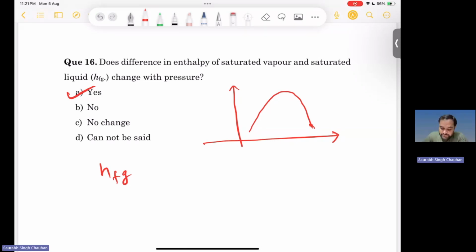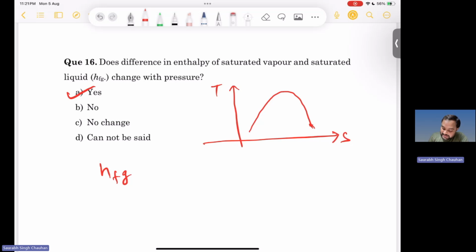Okay, so you can check any TS diagram or any diagram, or you can check enthalpy entropy diagrams. Enthalpy entropy diagrams are known as Mollier charts. Okay, so any of these you can check.